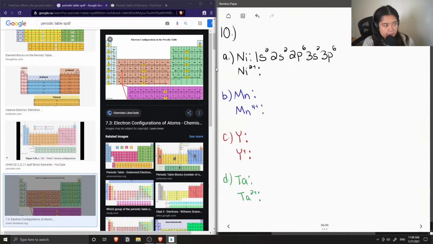So instead of writing 4s2, I'm going to start off by writing 3d and then counting up to where our nickel is. So we have 1, 2, 3, 4, 5, 6, 7, 8, which brings us to the nickel. And then I'm just going to write 4s2.